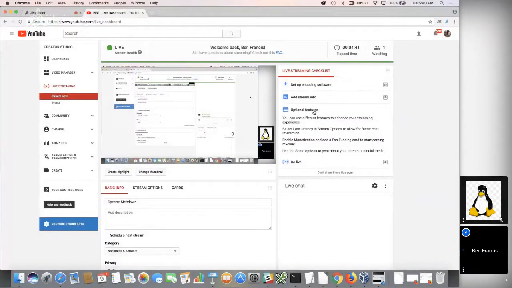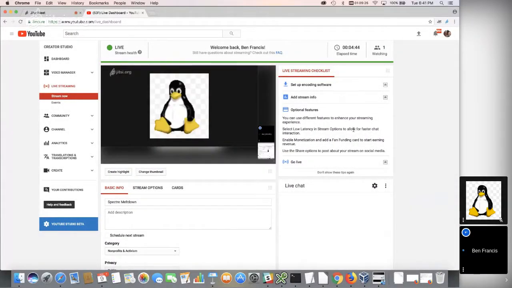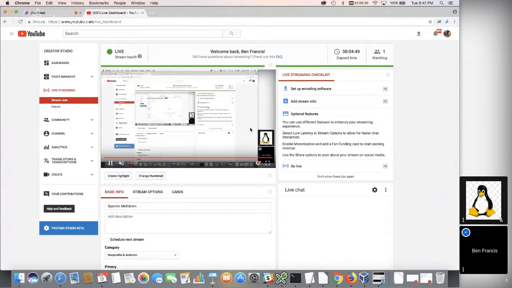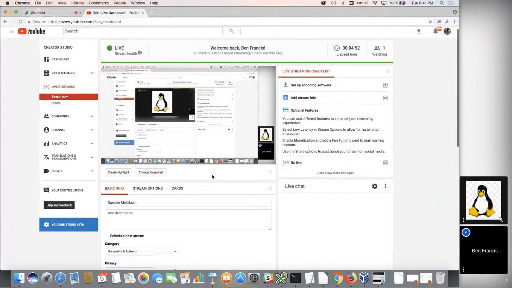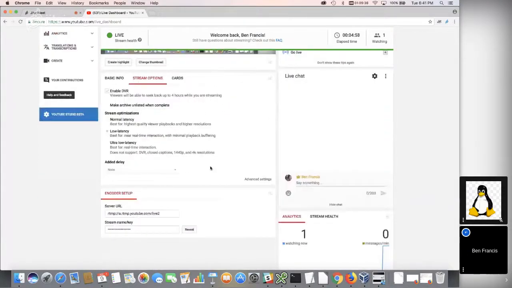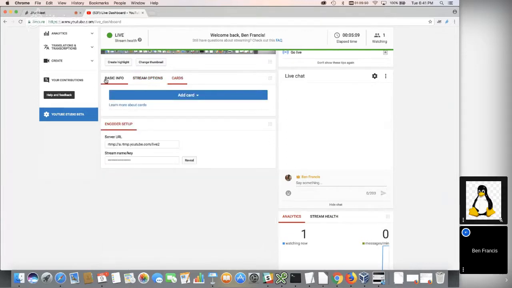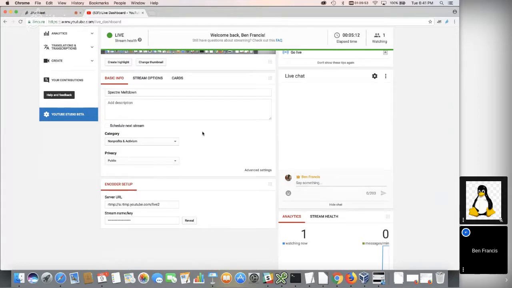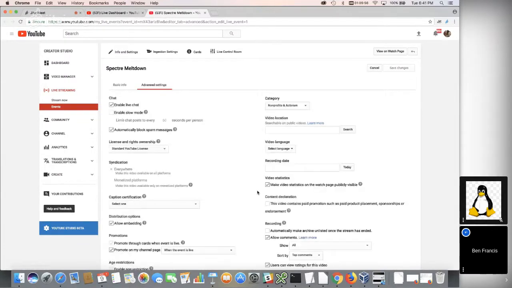Optional features. No, that's not it. Stream options. Enable DVR. No, I don't think that's it. Advanced settings. Recording.